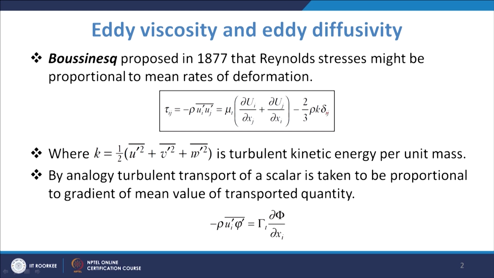Now, Kronecker delta ij will be 1 if i equals j, and it will be 0 if i is not equal to j. So, it is basically a matrix where wherever i equals j along the diagonal it will have one, and otherwise it will have zero.